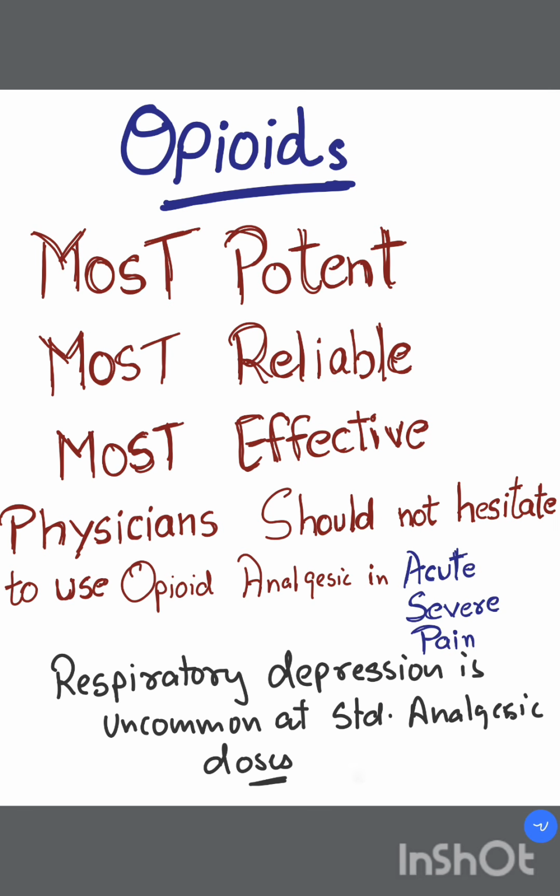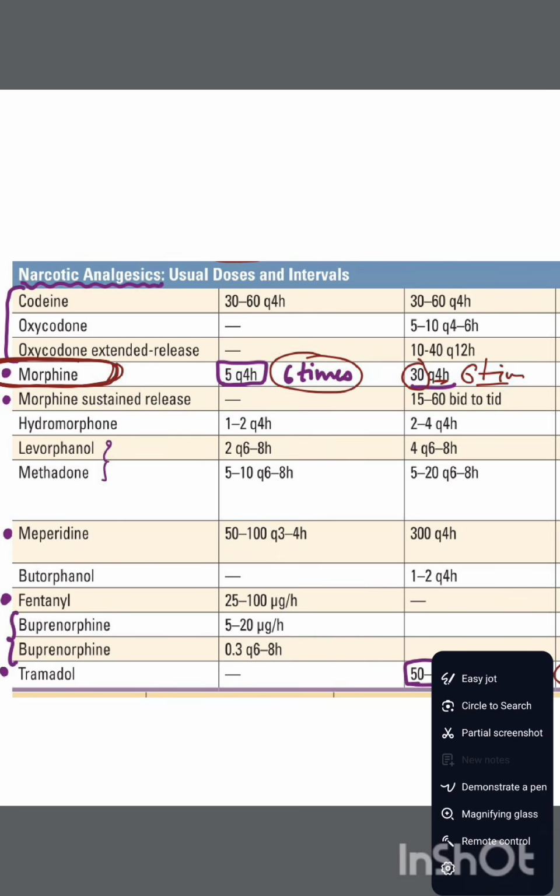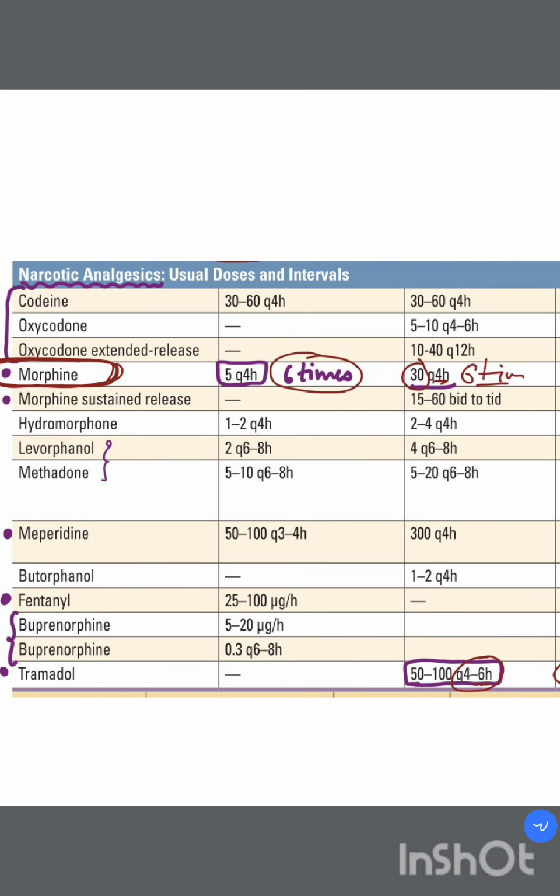Hence, usage of opioids must be normalized, and it should be prescribed in standard analgesic doses, and that we'll see in a few more slides. So these are the examples of opioid analgesics. We have codeine, oxycodone, morphine, methadone, fentanyl, we have tramadol. These are all narcotic analgesics.